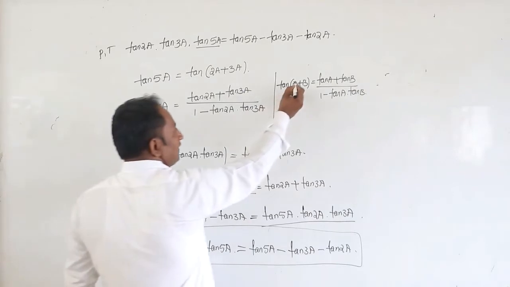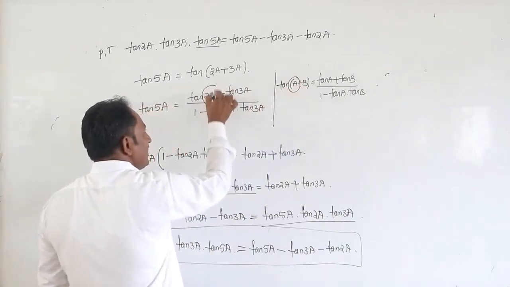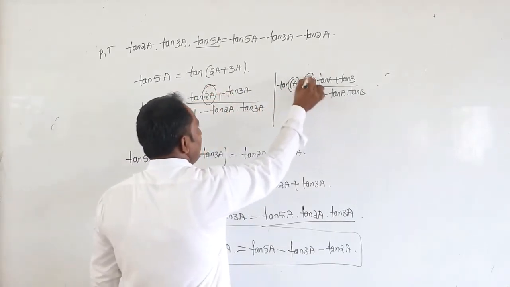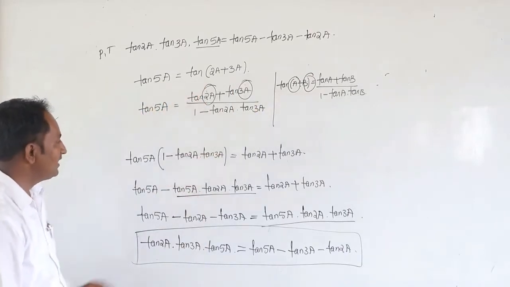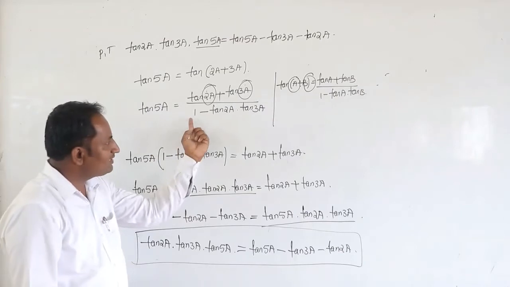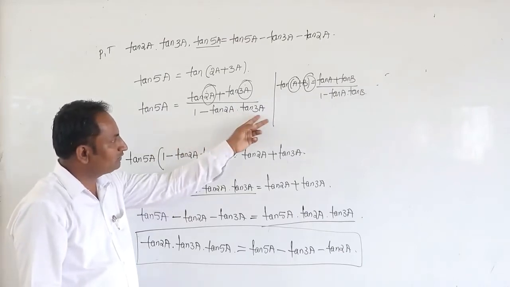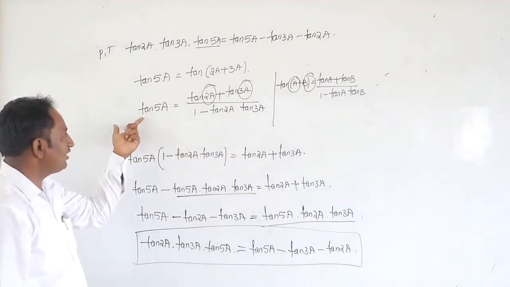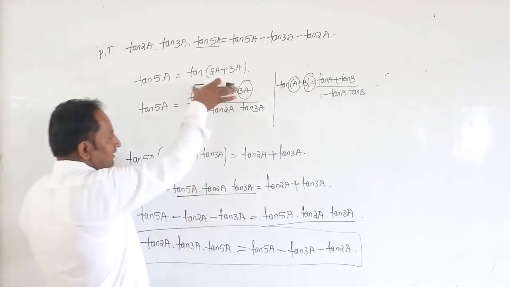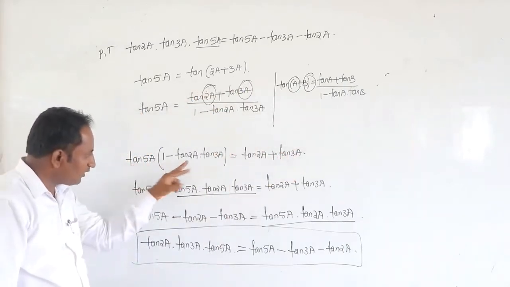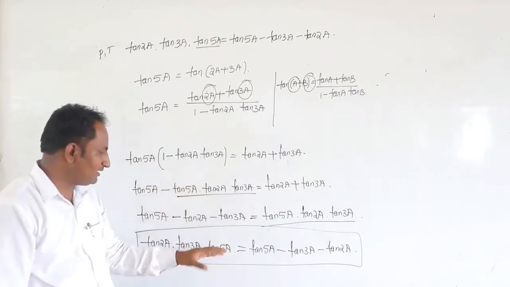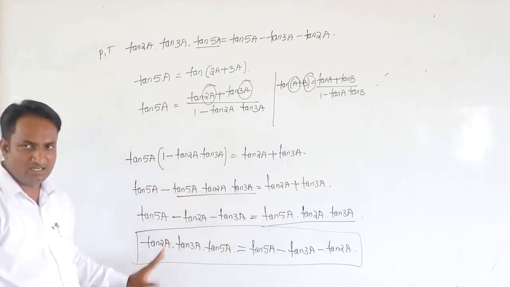In place of a, here 2a is there. In place of b, here 3a is there. Then we shifted to this side. Then 1 minus tan 2a into tan 3a is shifted to the tan of 5a side. Then multiplying the tan of 5a value and applying the simplification, we get the result.